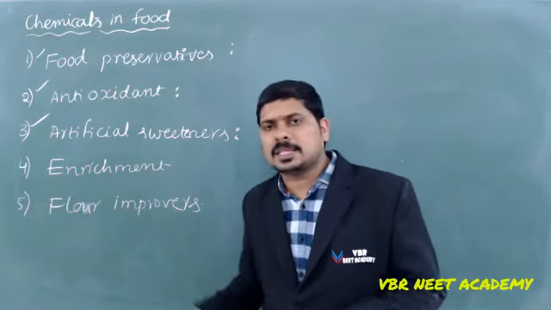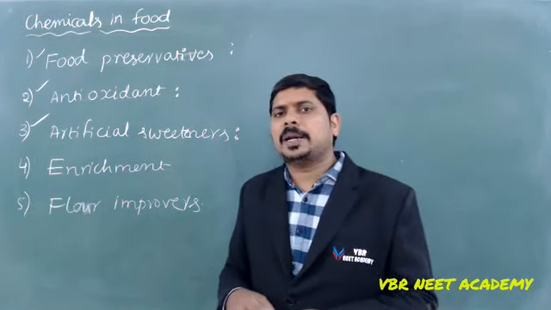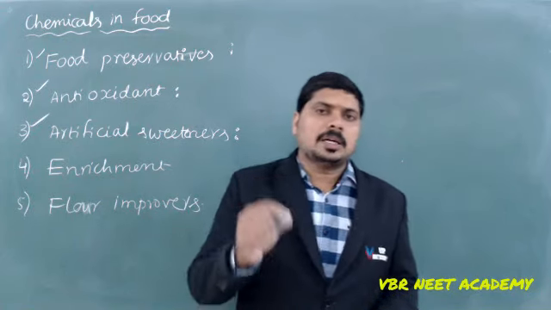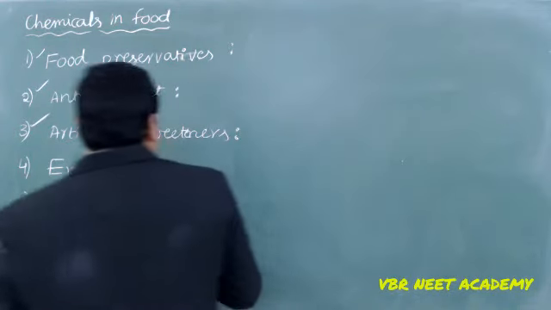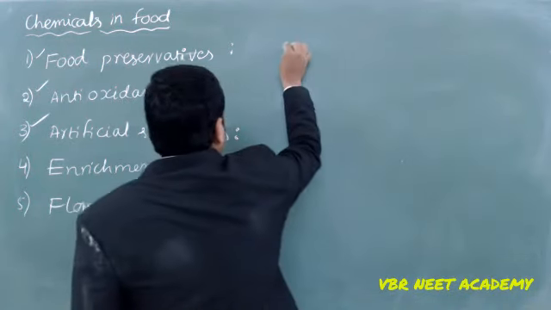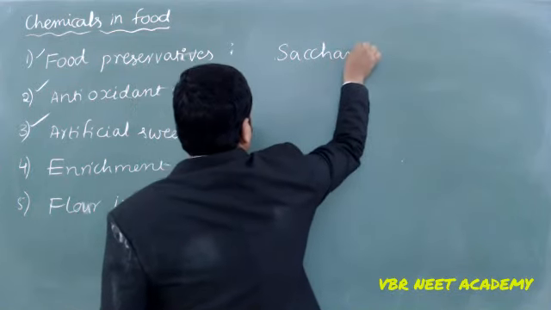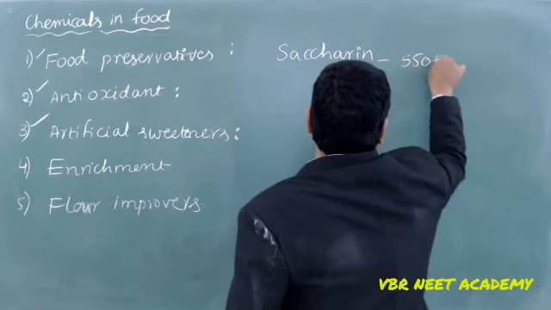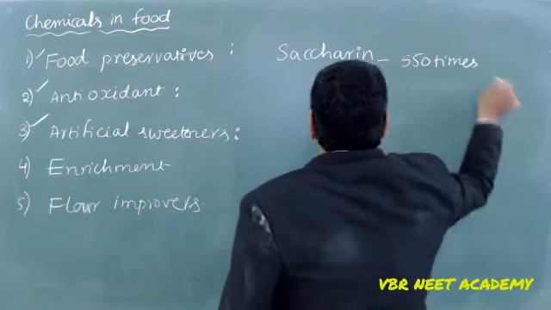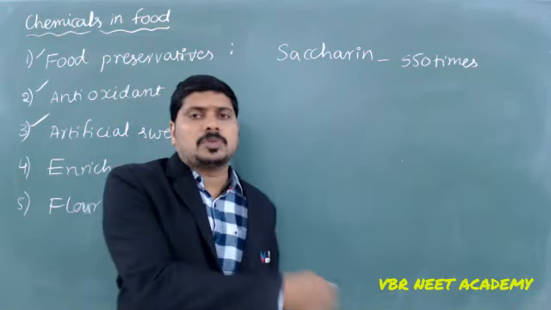They are excreted, so we do not get any extra metabolites from the artificial sweetness we add. The first artificial sweetener discovered is saccharine. This is 550 times sweeter than the normal sucrose you take.